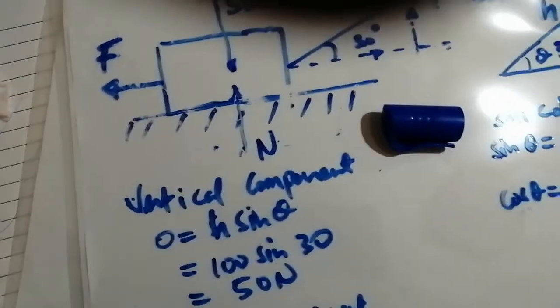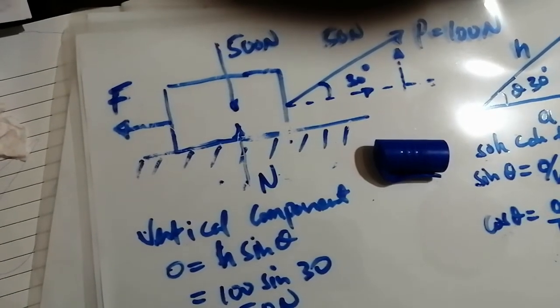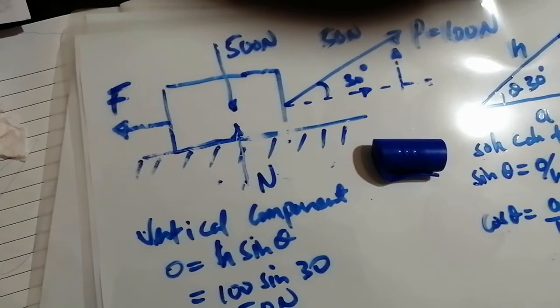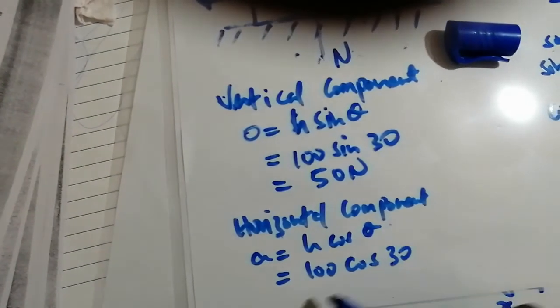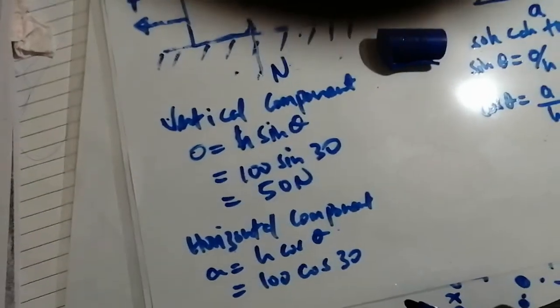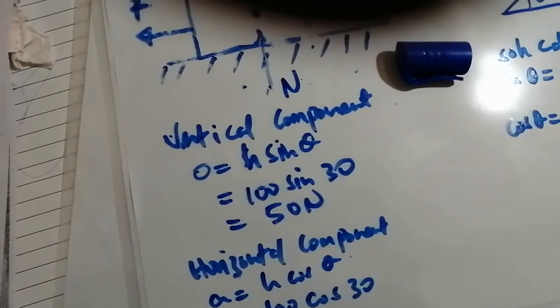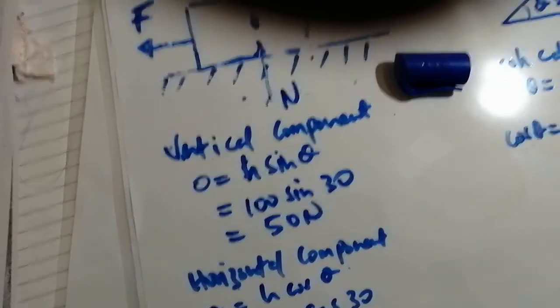Likewise, the horizontal component should be h cos theta, which is equal to 100 cos 30 degrees, which cos 30 degrees is 0.866, so we can get this as 87 newtons.